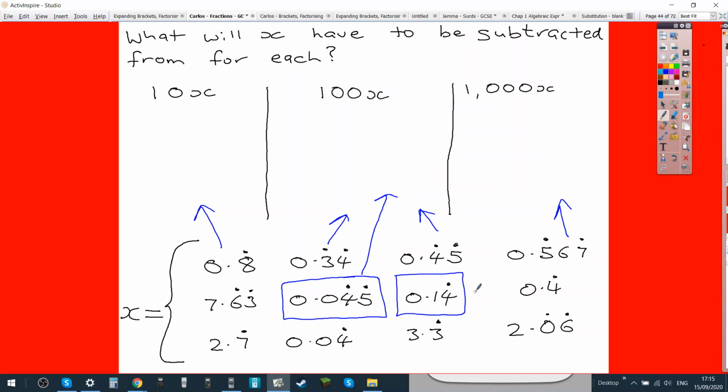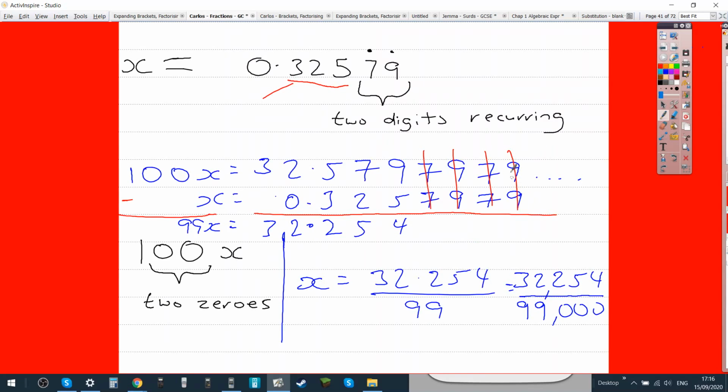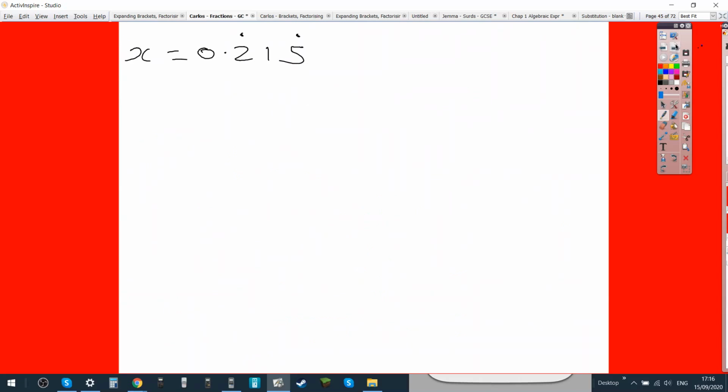Still 100x. How many digits recurring? 1. So 10x. Yeah. Because that's the one you have to get rid of. When you have these lined up, either 1 digit will recur, or 2, or 3. And so you just have to make it so they line up.